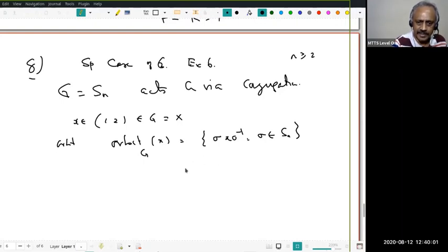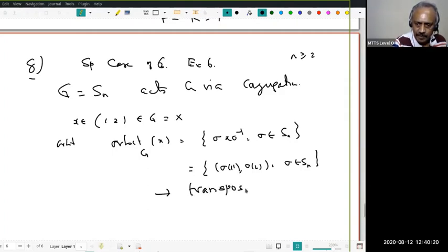Have you computed it? This is a collection of transpositions (sigma 1, sigma 2), with sigma in Sn. And hence the orbit is all transpositions, that is, all 2-cycles.